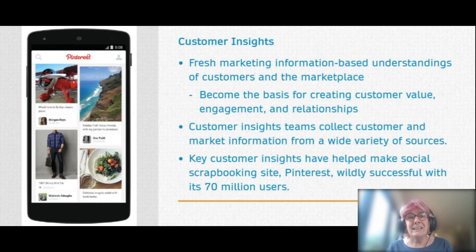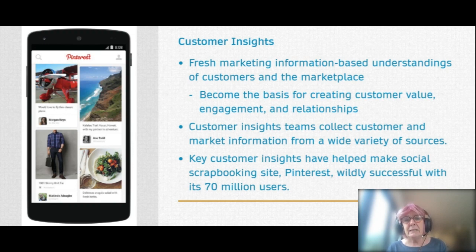So these insights can become the basis for creating customer value, and they can become the basis for engaging with your customers, and they can become the basis for building relationships with your customers.